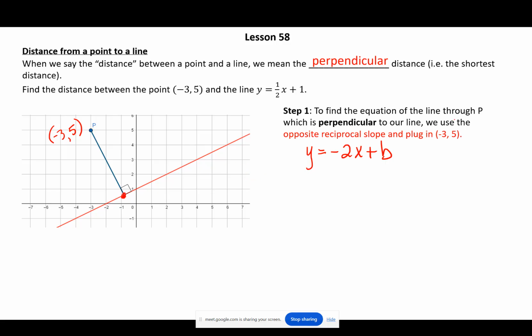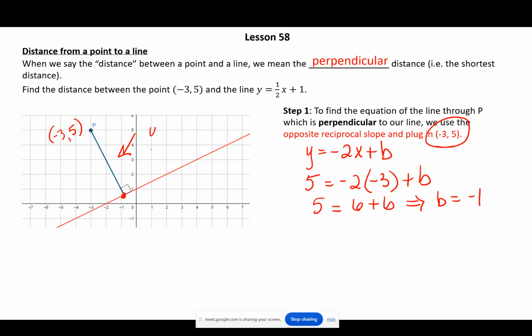Now I need to find out where b is. I know that the point negative 3, 5 is on the blue line, so I will plug that in. 5 is my y, negative 2 times negative 3 plus b. So 5 equals 6 plus b, so b is negative 1. So this blue line here is y equals negative 2x minus 1.